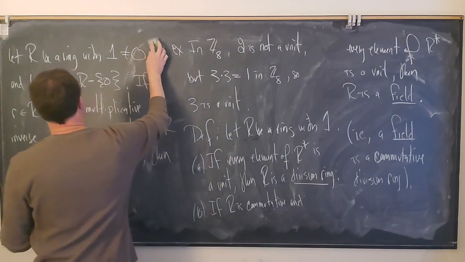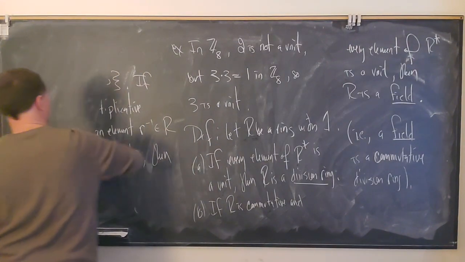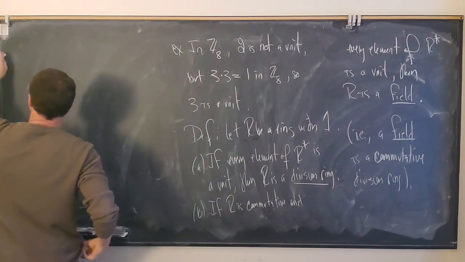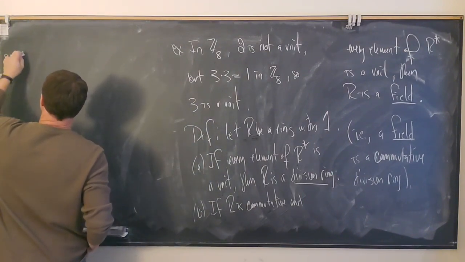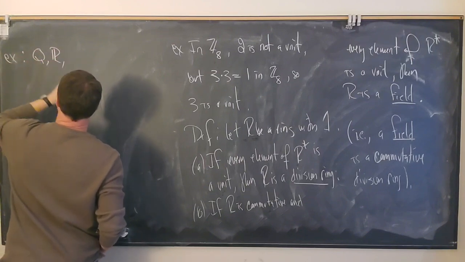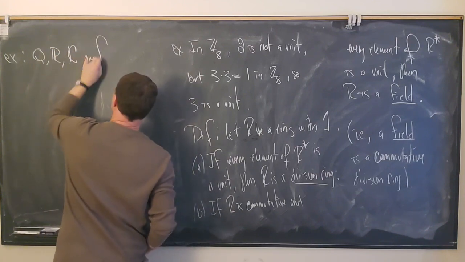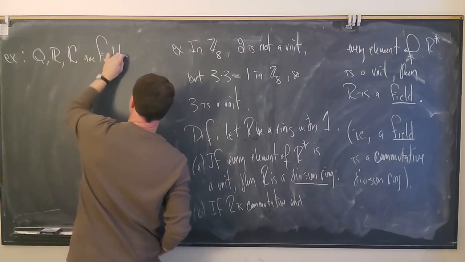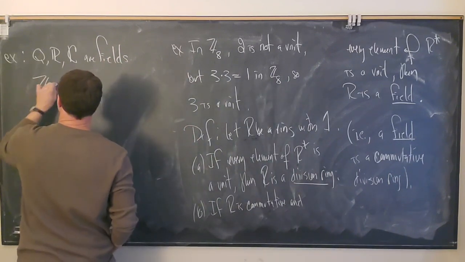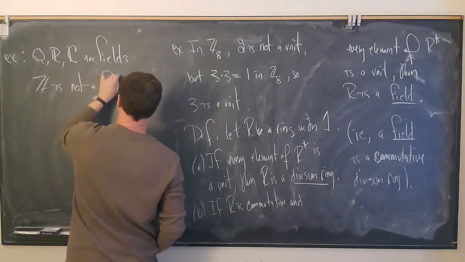Here's a few important examples. Q, R, and C are fields. Z is not a field.